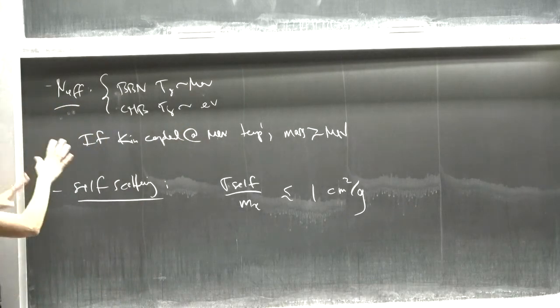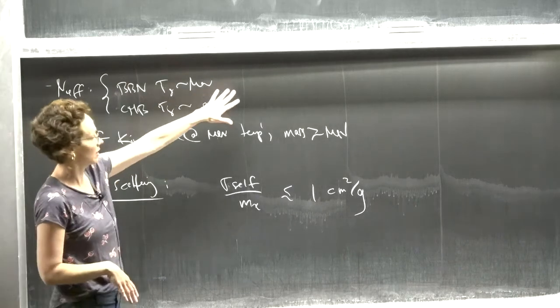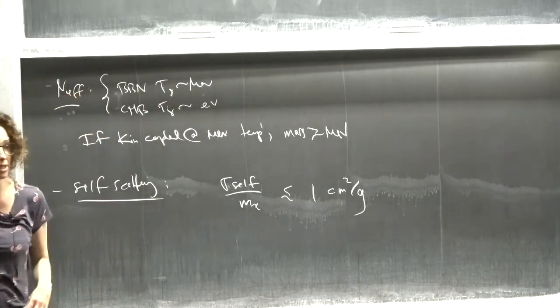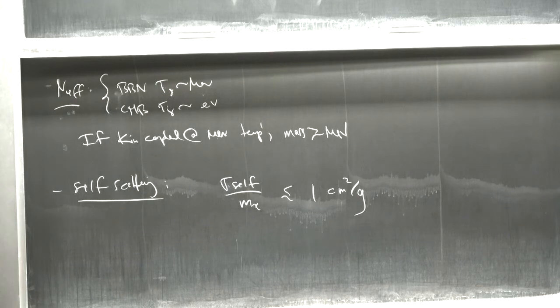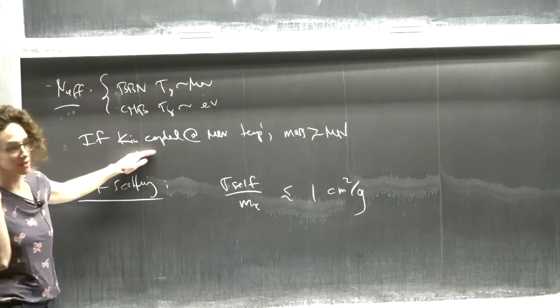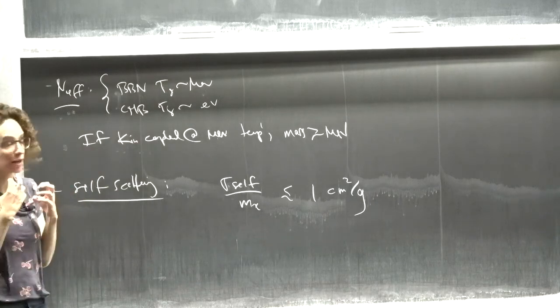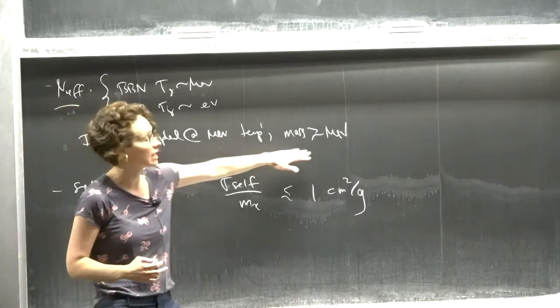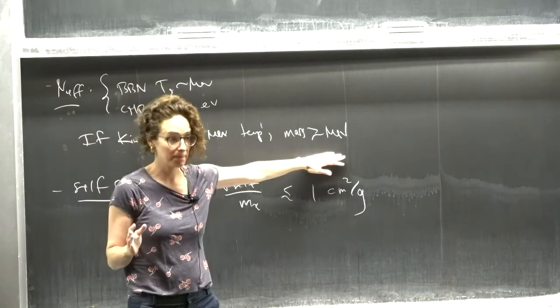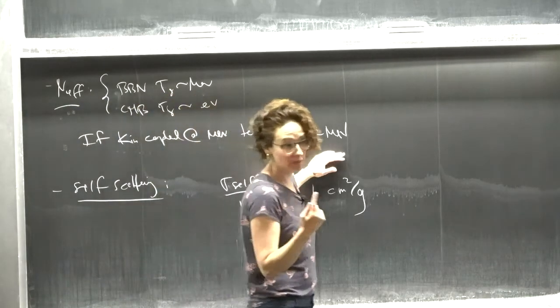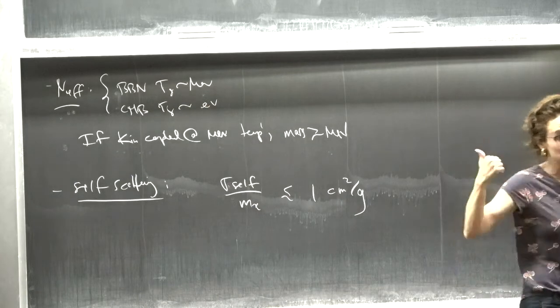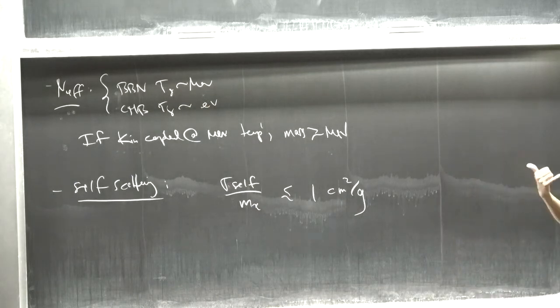When you work through all of these things, over the next decade we're hopefully going to see an improvement of even an order of magnitude on the size of these constraints. But roughly, what this tells you is that if you have a relic that is kinetically coupled, thermally coupled to the standard model bath at MeV temperatures, its mass should be above an MeV. Certainly that was one of our requirements, at least in the naive version of SIMPs that I've discussed.